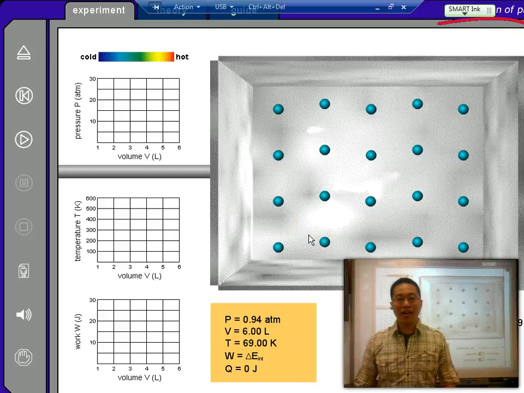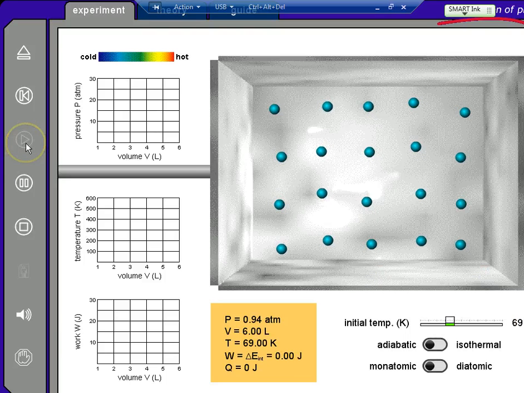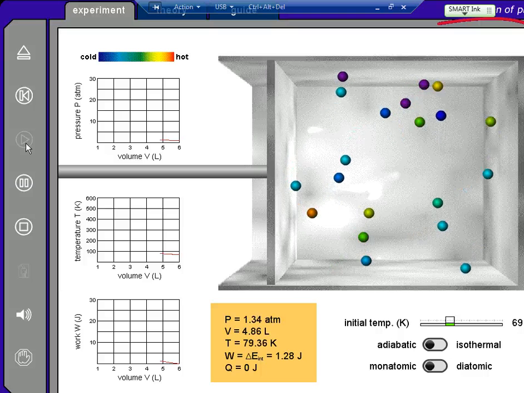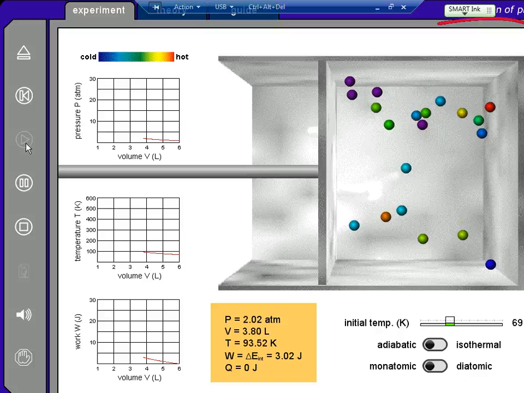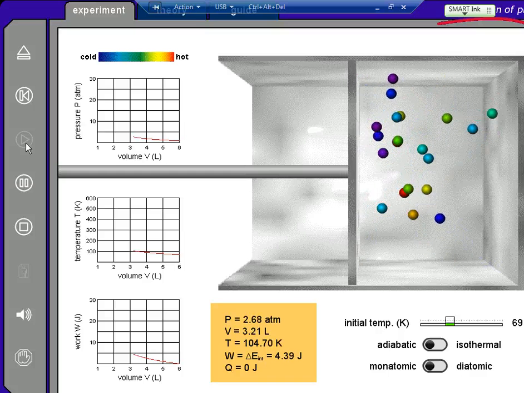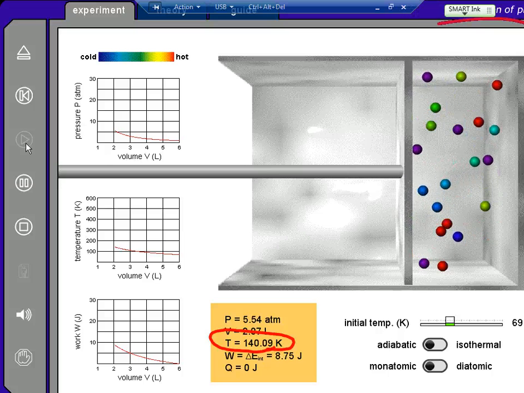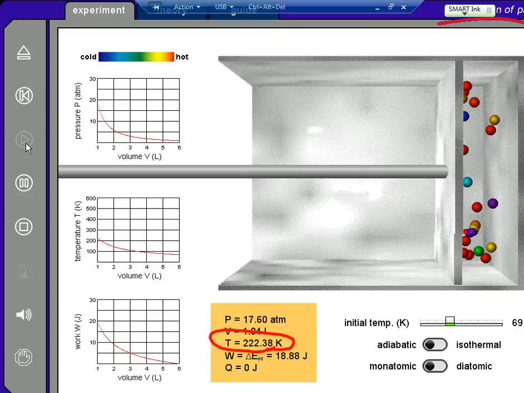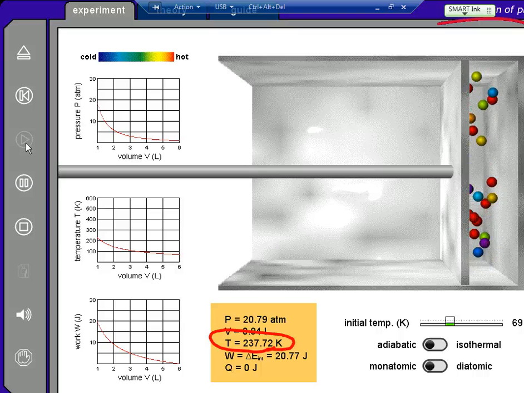Right now I have an adiabatic situation set up, and the piston is closing in. It's doing positive work on the scenario. Notice what's happening to the temperature as we're doing positive work. The more work you put in, the higher the temperature is, meaning all the energy stays inside and the molecules are literally moving faster and faster than before.